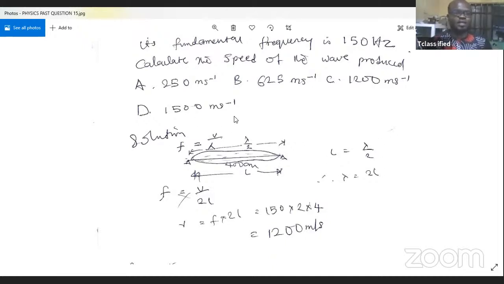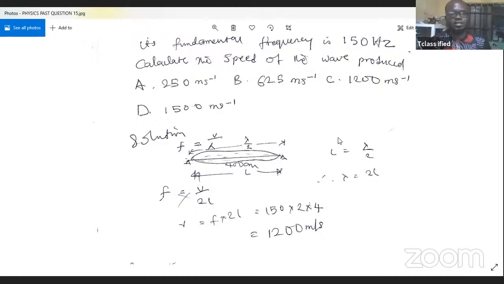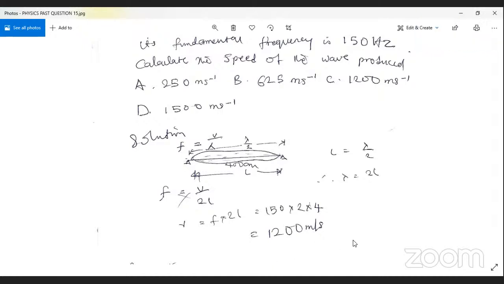But we know the formula for frequency is that frequency is equal to speed over wavelength. But we are not given wavelength. But we know that this length is equal to half the wavelength. So make wavelength the subject, you have 2L. So put it back into this equation. F is equal to V over 2L. So make V the subject, V is equal to F2L. 150 times 2 times 4, making it 1,200 meters per second.